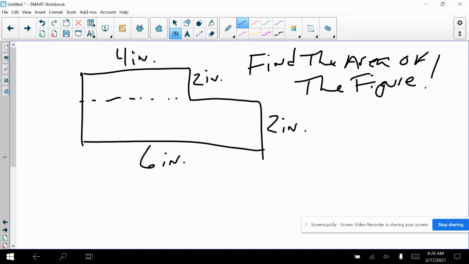Again, don't forget about using your Desmos calculator. Best thing to do is break it up into different pieces, different figures. It's a lot easier that way.